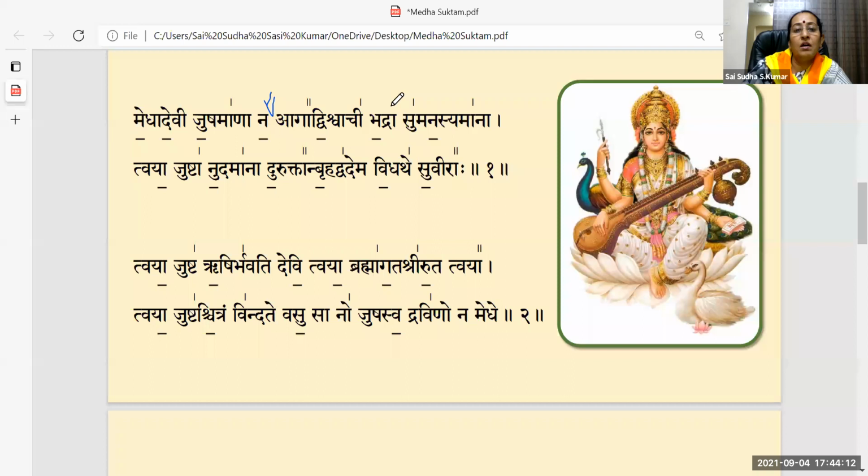This is a combination of the and ra. So these letters are slightly to be stressed while chanting, like Medha Devi Jushamana na aga dvishwachi bhadra, bhadra, like this.